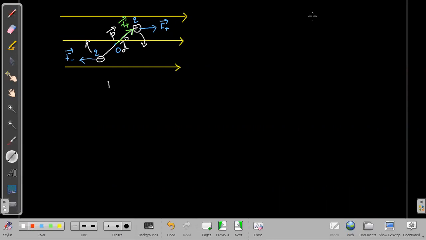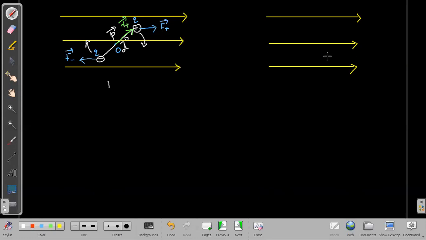Now in step 2, if this molecule starts rotating, it will move along this direction. After some time, the positive charge will reach here. In the meantime, the negative charge may reach here. That is after rotation from the original position, and this would be your dipole moment.